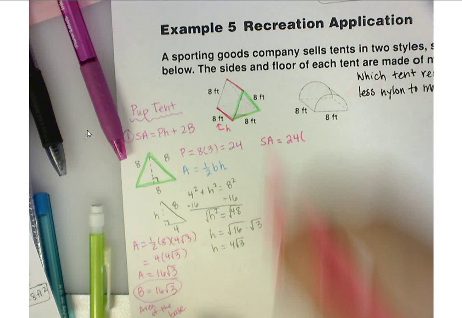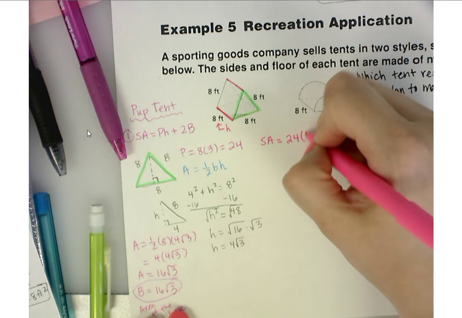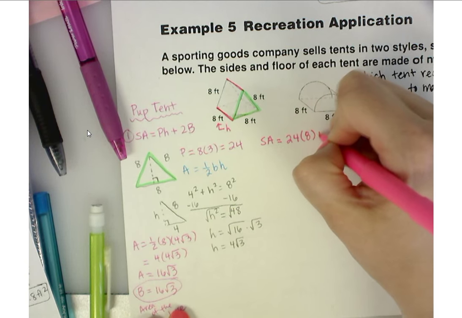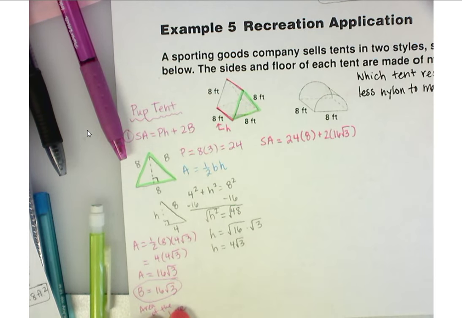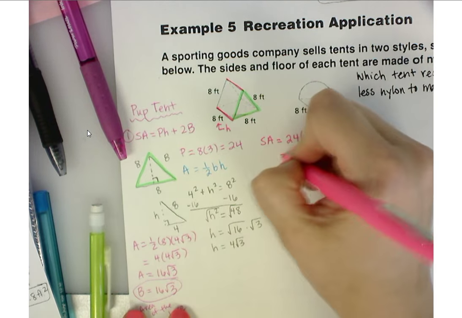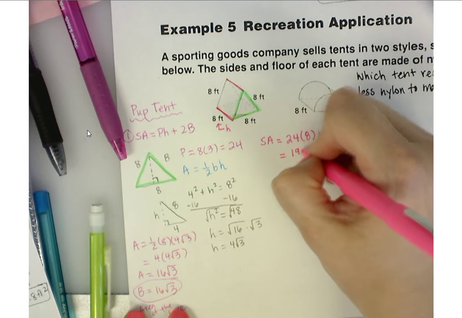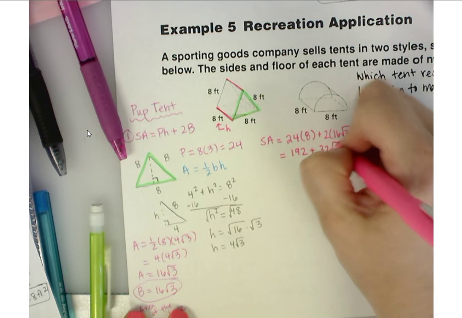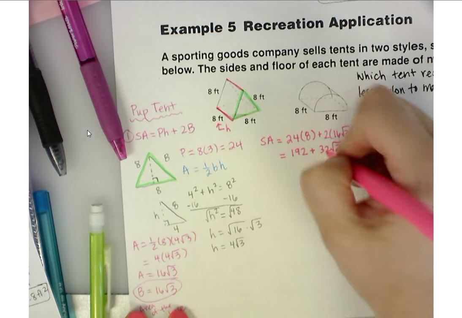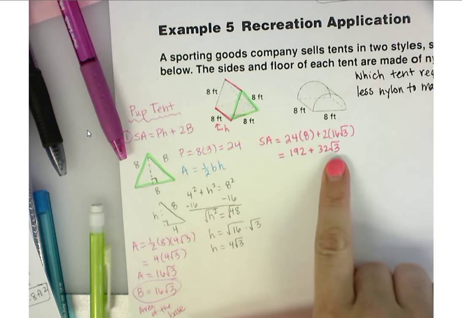It can be horizontal. So 24 times 8 plus 2 times 16 root 3 is going to give us 192 plus 2 times 16 is 32. And now I can take the square root. So square root of 3, multiply that by 32.